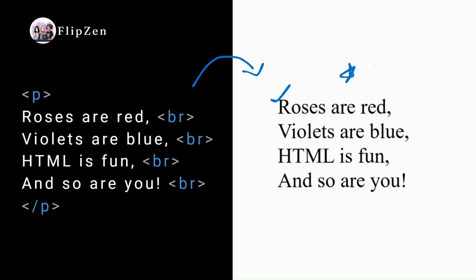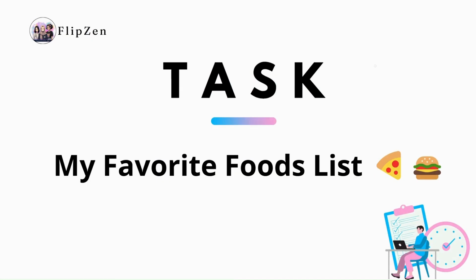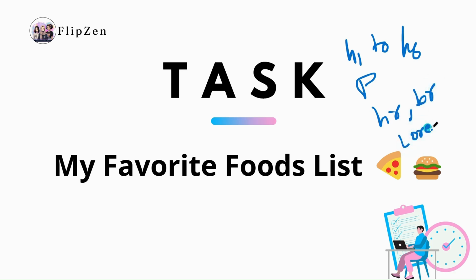So we have come to the end of the day 2 session, and here is the task of day 2, my favorite foods list. In this task, you will practice using heading elements, paragraphs, line breaks, horizontal rules, and dummy text.